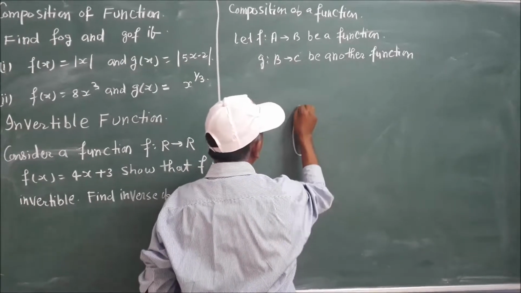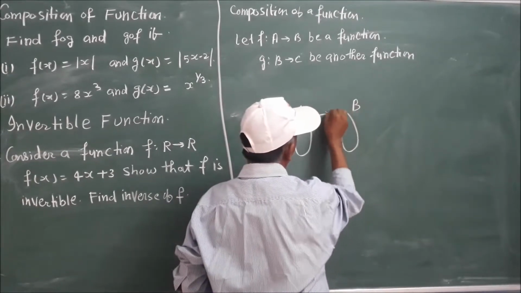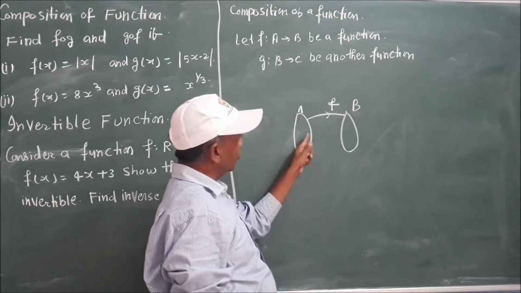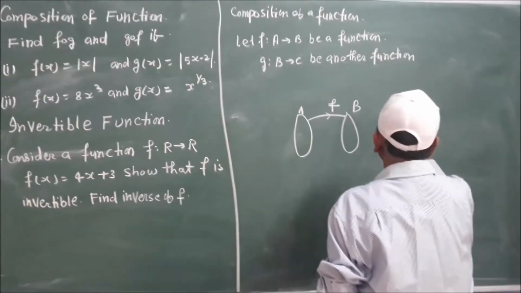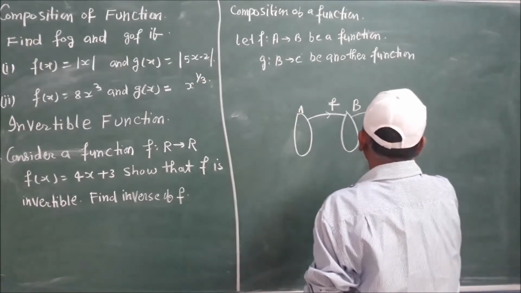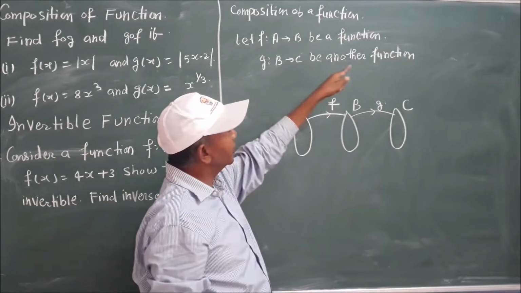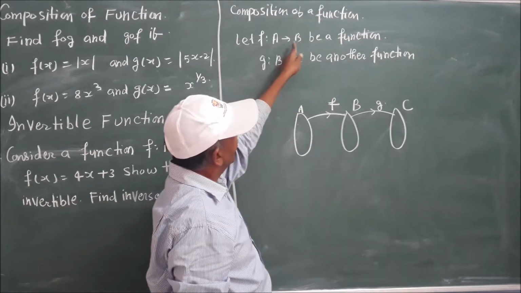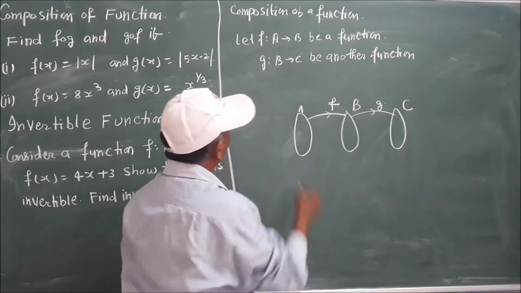This is your set A, and this is your set B, and here is a function f, through which we can go from set A to set B. After that, here is another set C and a function g, with which we can go from B to C.